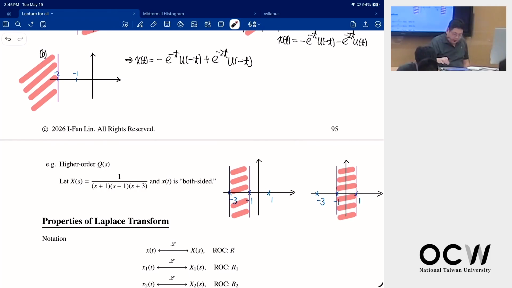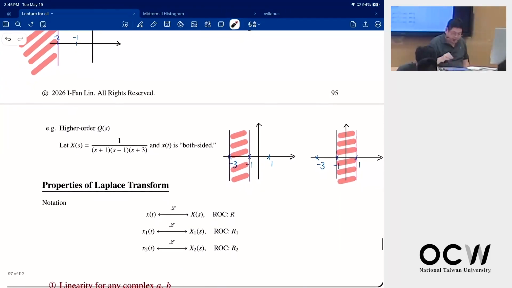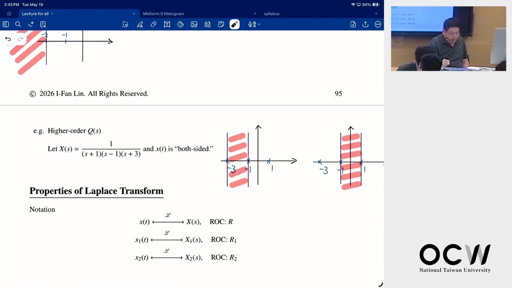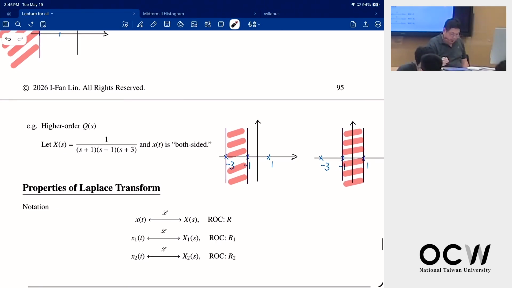Alright, now let's see the properties of the Laplace transform. After learning the regions of convergence, let's see some good properties of the Laplace transform. Signal x has Laplace transform X(s), region of convergence R. x1 has Laplace transform X1, region of convergence R1, and the same for x2.